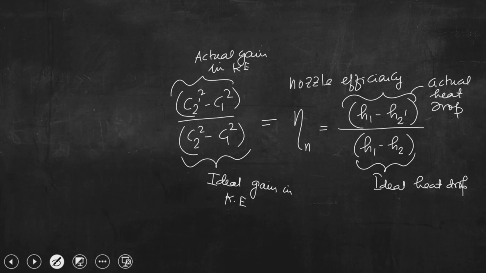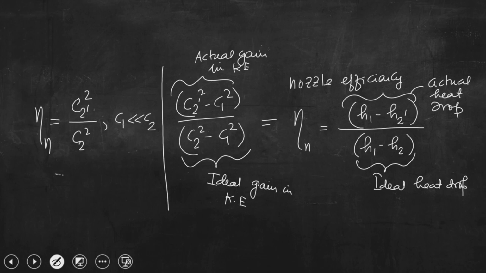So, we also have discussed that this nozzle efficiency can be written like this. We can write this considering the fact that C1 is much less than C2, and this quantity is essentially the velocity coefficient Kn square or psi square.